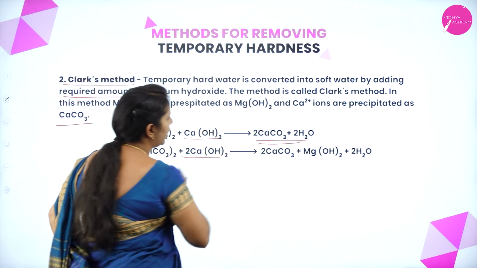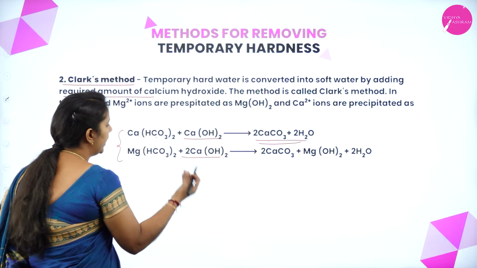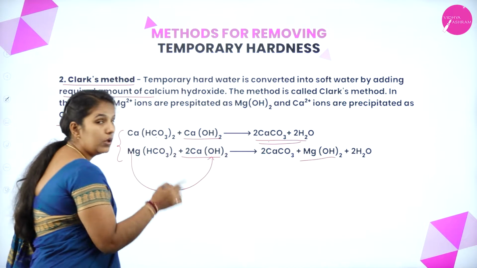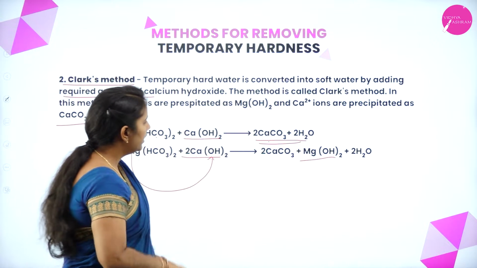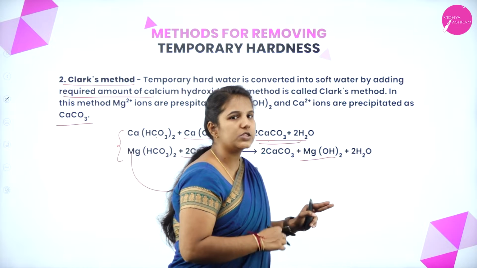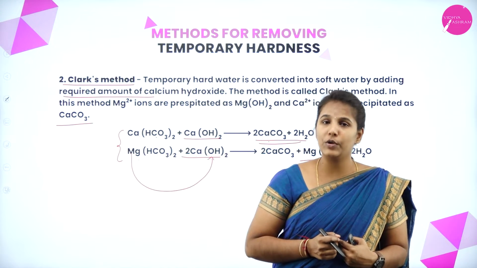If it reacts with magnesium bicarbonate, it also forms magnesium hydroxide with the formation of water. Remember, calcium carbonate and magnesium hydroxide are the 2 precipitates which can easily be filtered out, and you can take the pure water.